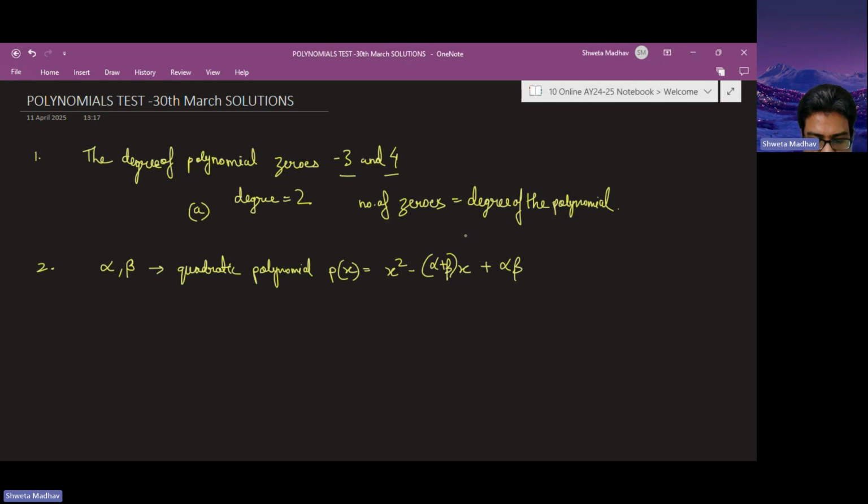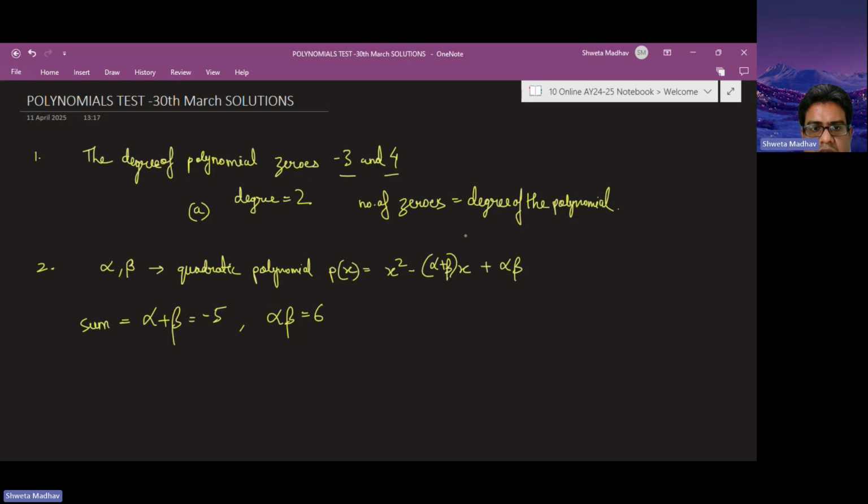So here, assuming the zeros are alpha and beta, the sum of the zeros, alpha plus beta, is given as -5, and their product is 6, which means alpha into beta is 6.